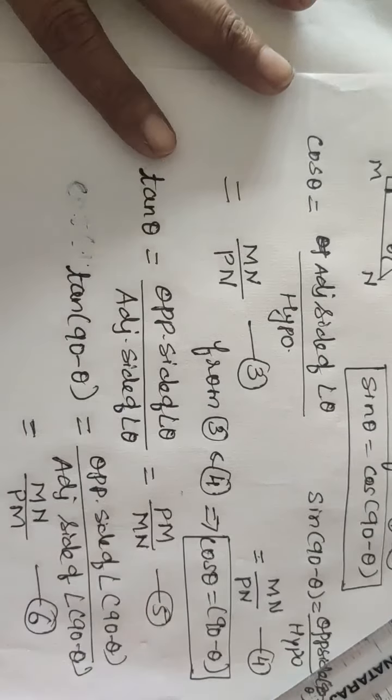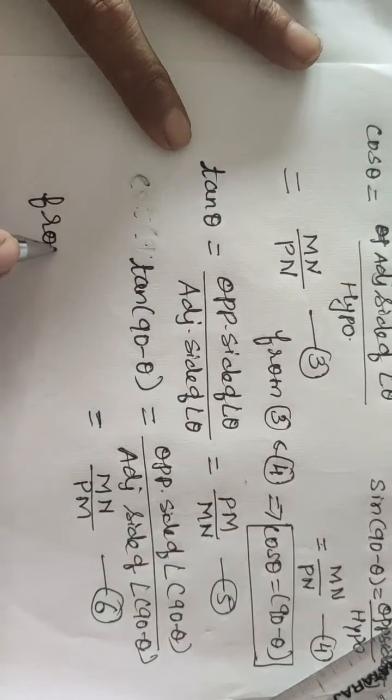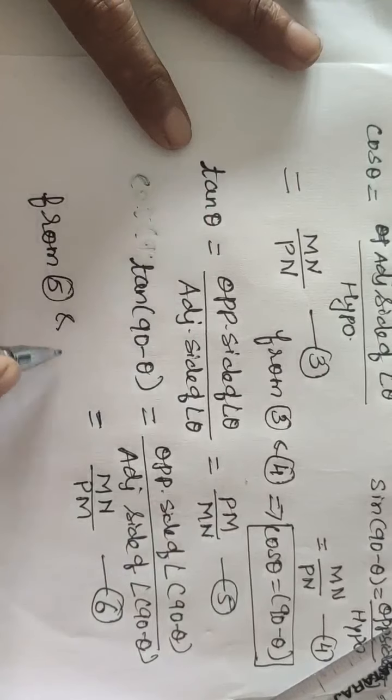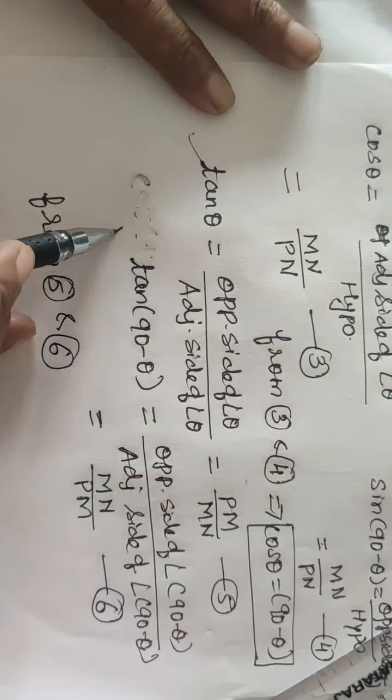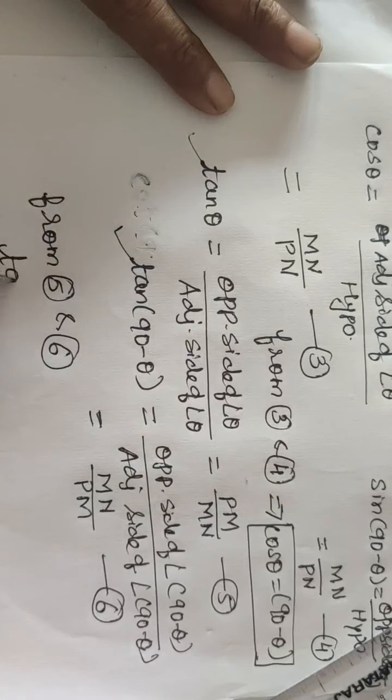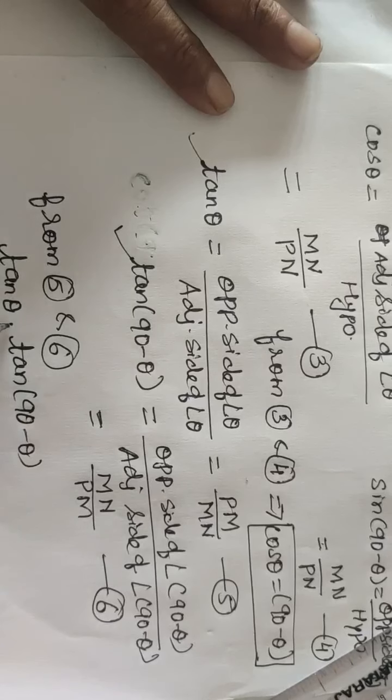Now from 5 and 6, children, see what you are getting. Let's multiply tan theta into tan of 90 minus theta. Children, see, this dot means multiplication, it is not a decimal.